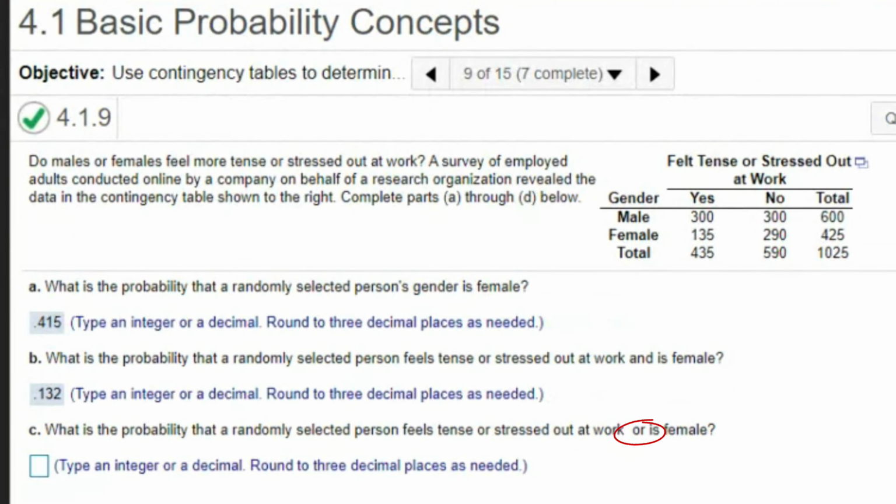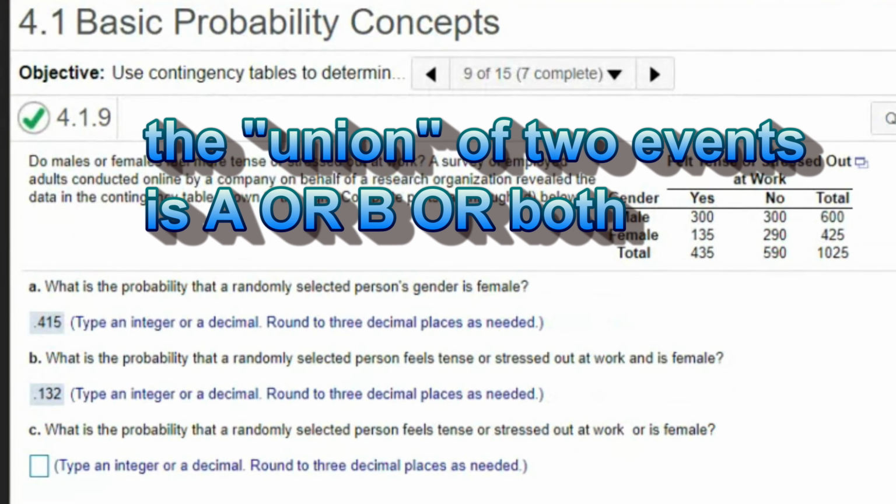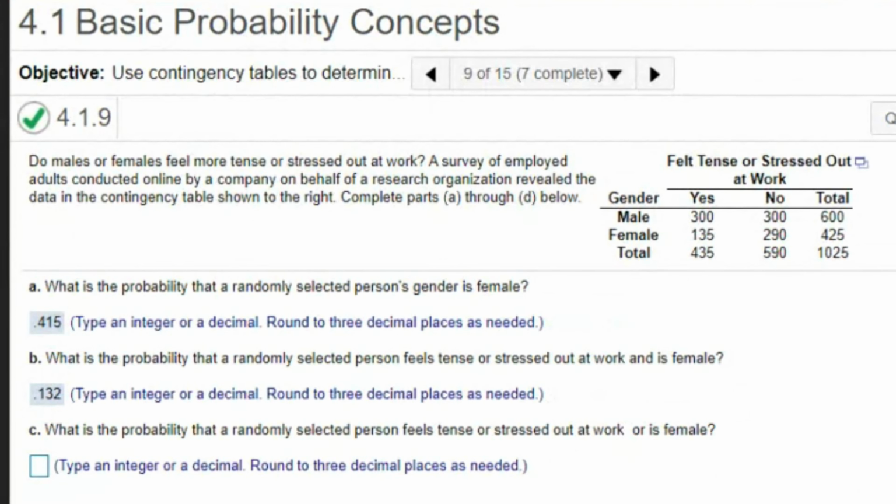Next, what is the probability that a randomly selected person feels tense or stressed out at work or is female? Here we have the union of 2 events, A union B. Remember, and is the intersection of 2 events, but or is the union of 2 events. Let's take a look at the formula.